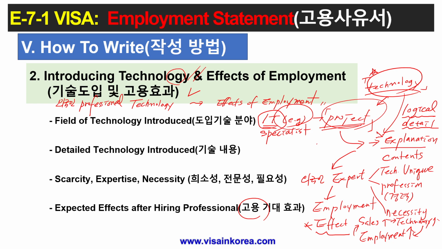So what is the project and what are the technologies? You must explain in detail, logically and very clearly. It means that your company persons may help you, because you need this one, but your company persons know better. So when you write the statement for the employment, please write in Korean instead of English.